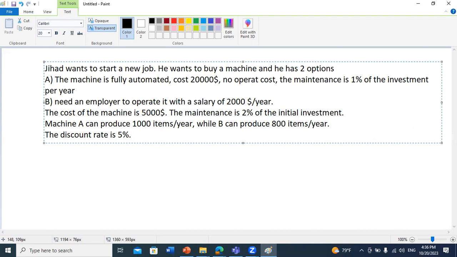The salvage value of A is $1,500, and for B it is $300.